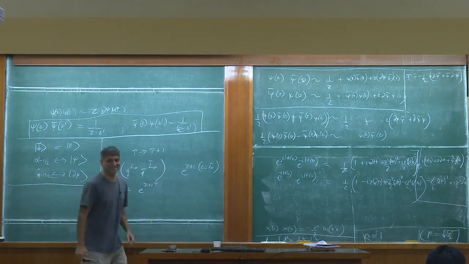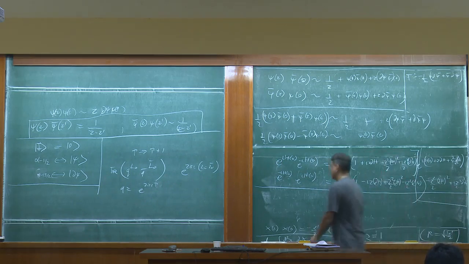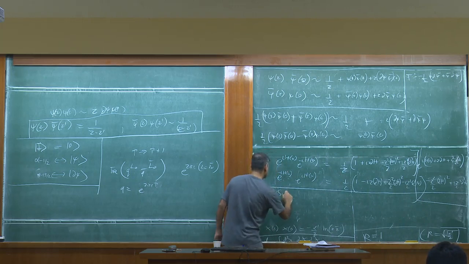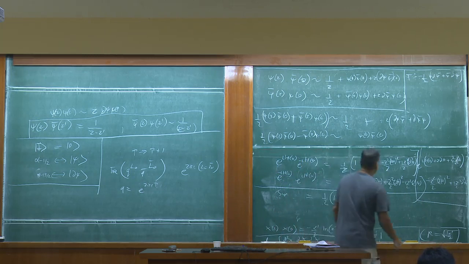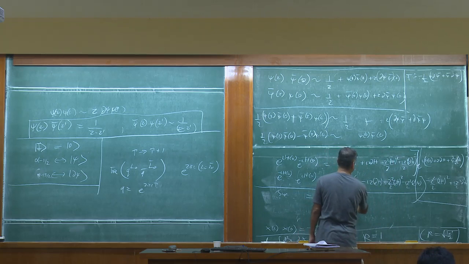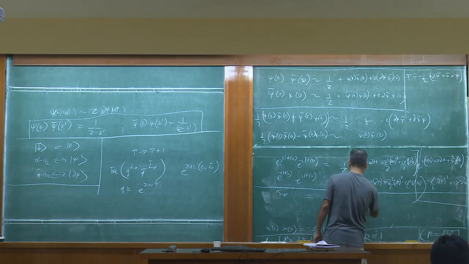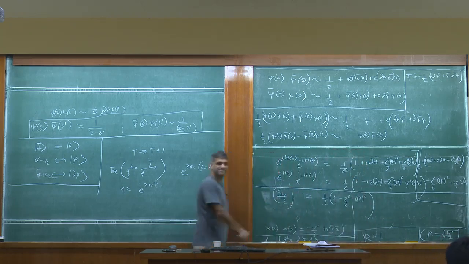Now let's take sum and difference. Okay, if we take the sum, we get 1 by z into 1 plus, these cancel, 1 minus z squared by 2 (∂h) squared. Sum by 2, the average.